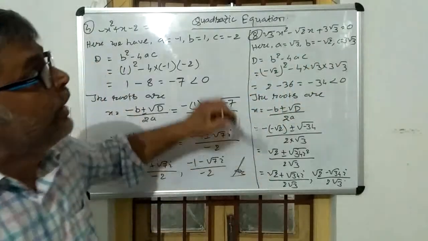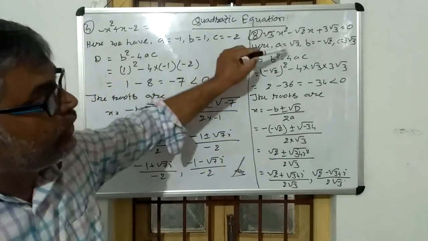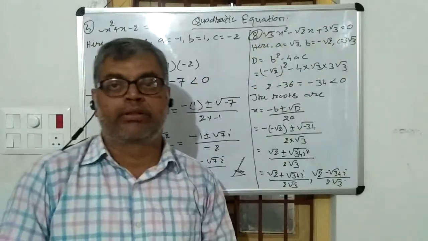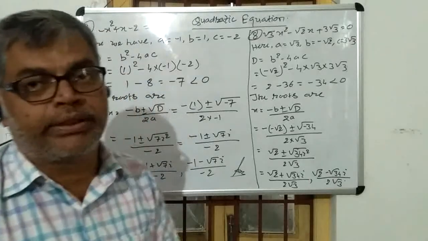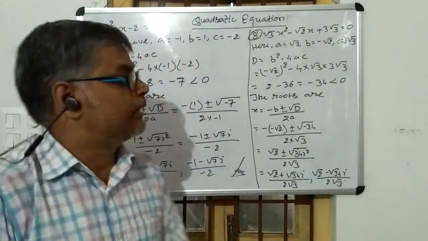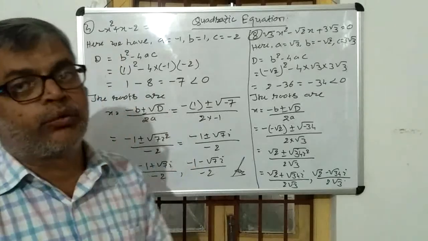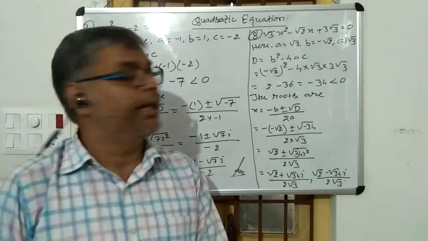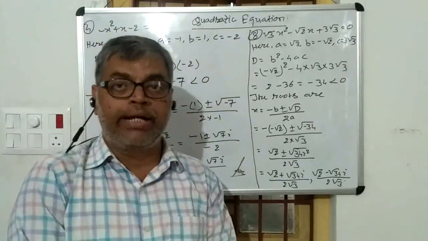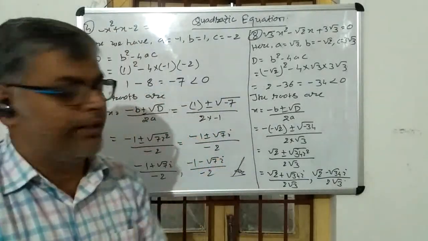In every equation, first you recognize the values of a, b, c by comparing the equation to the standard form of quadratic equation, that is ax square plus bx plus c equals to 0. And thereafter you have to find its D, that is discriminant.